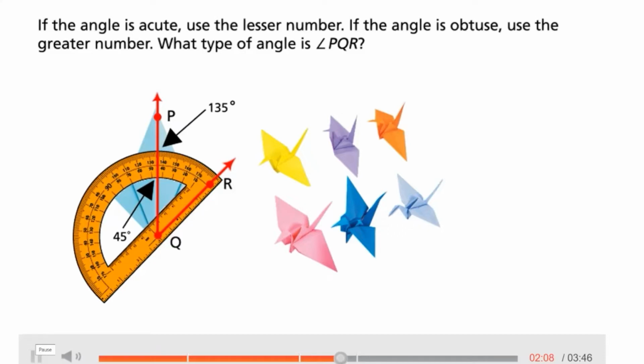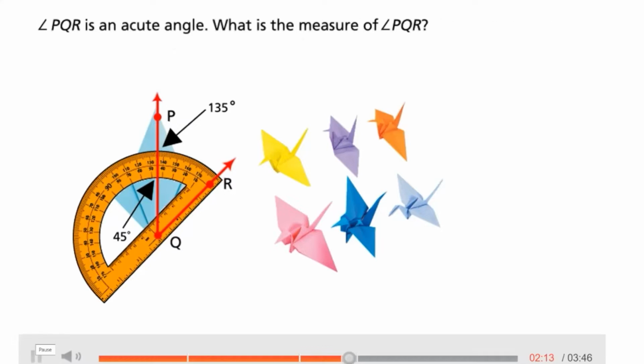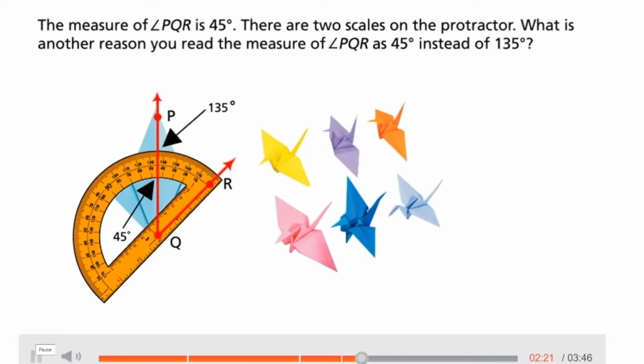What type of angle is angle PQR? Angle PQR is an acute angle. What is the measure of angle PQR? Select your answer. The measure of angle PQR is 45 degrees. There are 2 scales on the protractor.